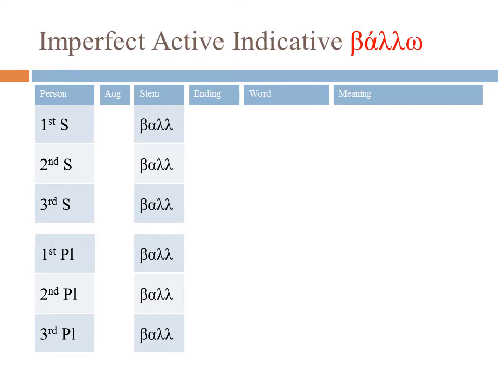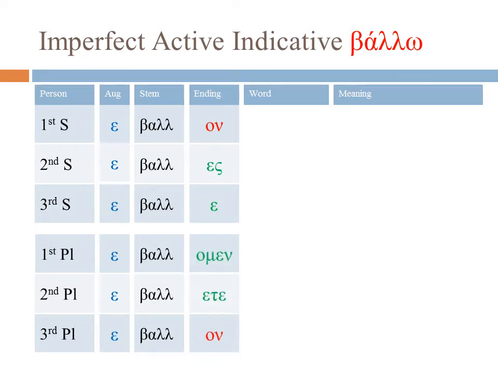It's going to begin with a stem, and the stem has two lambdas, which are the same as the present, because this is the present stem. And the imperfect takes the present stem. It's going to put its augment before, and it's going to take secondary endings ον, ες, ε, ομεν, ετε, ον.